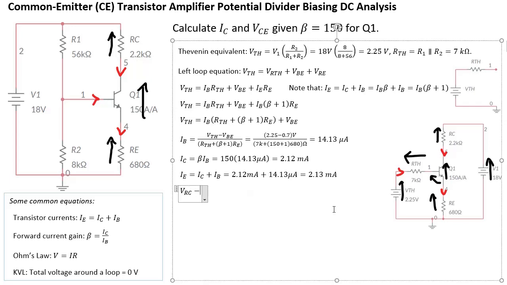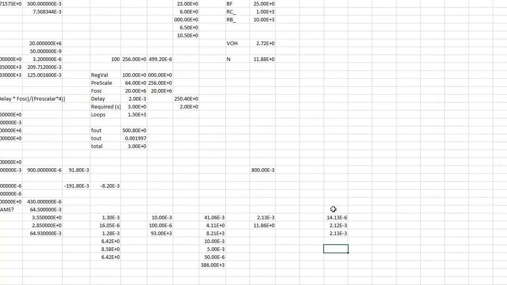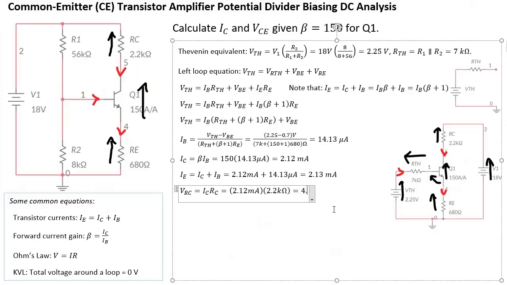So that's 2.12 milliamps times RC, which is 2.2 kilo ohm, so that's going to be 4.66 volts.